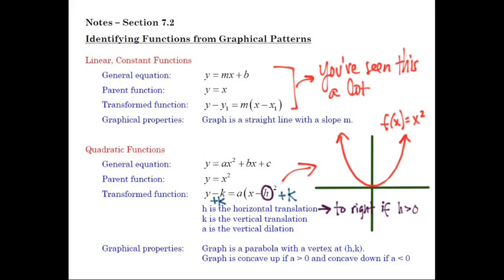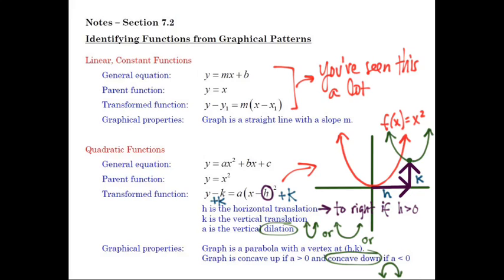So we can take this graph and we can shift it up or down. So we can move left to right, up or down. That moves it over h, and that moves it up k. And then we can stretch it by a factor of a. That's our dilation. So we can make it flatter, we can make it narrower, depending on that value of a.